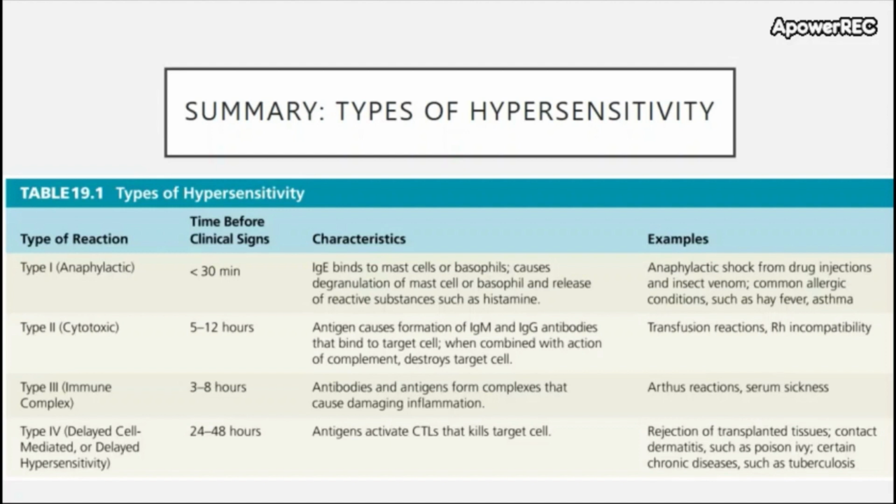The example we gave was a poison ivy rash from the urushiol, which changes your proteins that your body then finds to be foreign, and that elicits that cytotoxic T lymphocyte. Other examples of this are transplanted tissues, certain chronic diseases such as tuberculosis, etc.